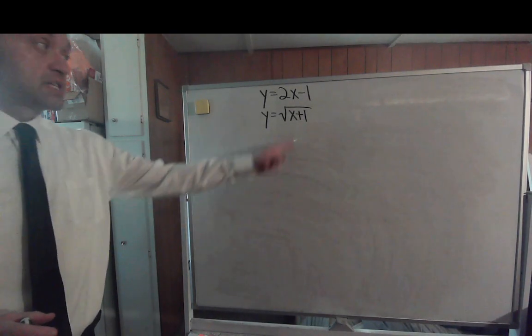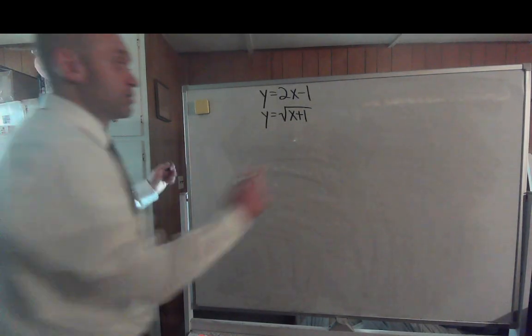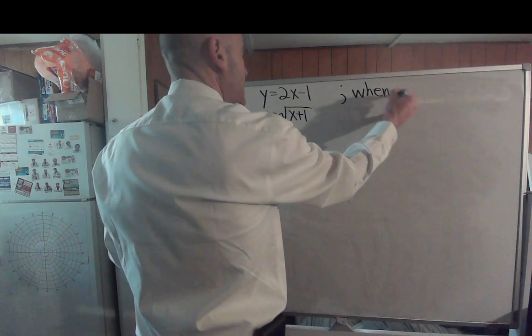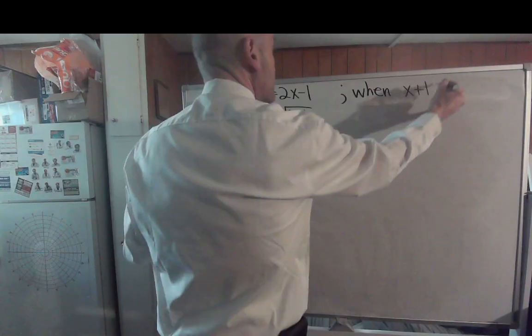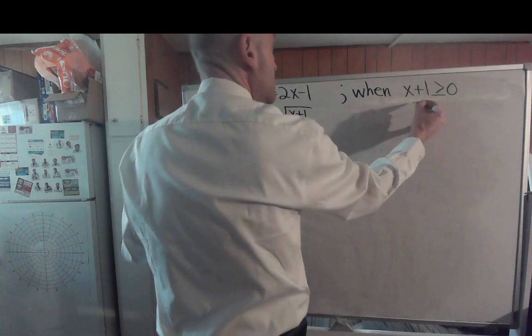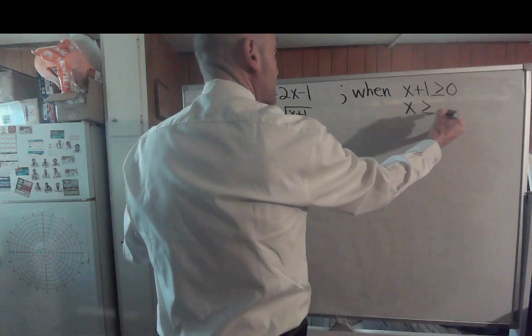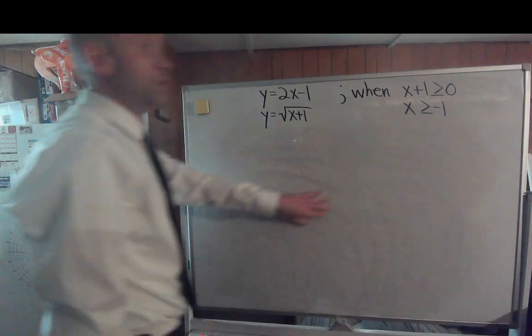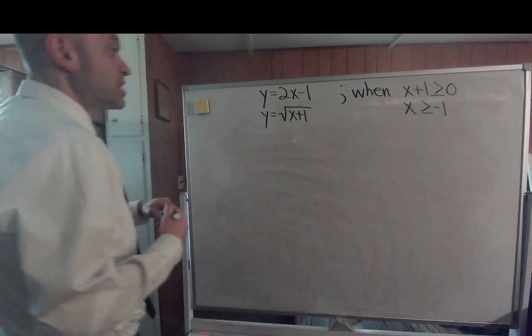So that means x plus 1 needs to be greater than or equal to 0, so x has to be greater than or equal to -1. If we get a solution less than -1, we have to discard it.